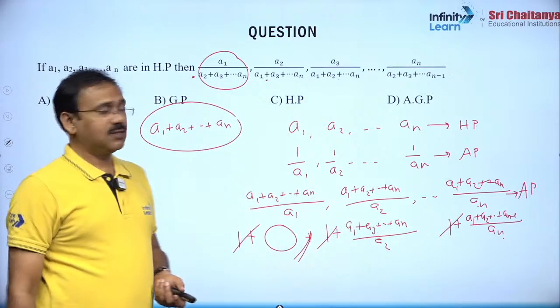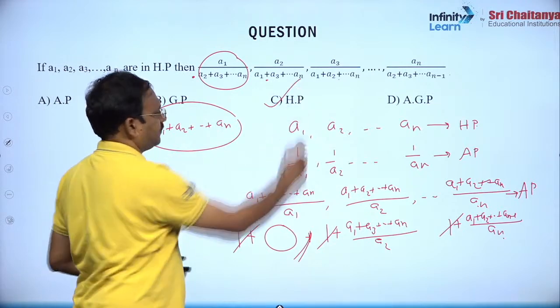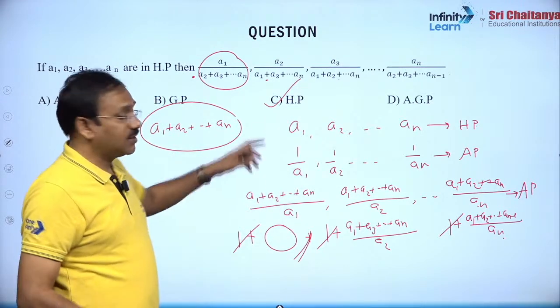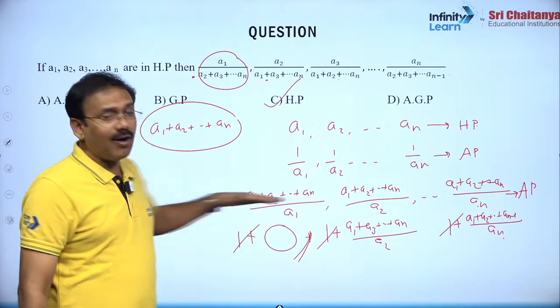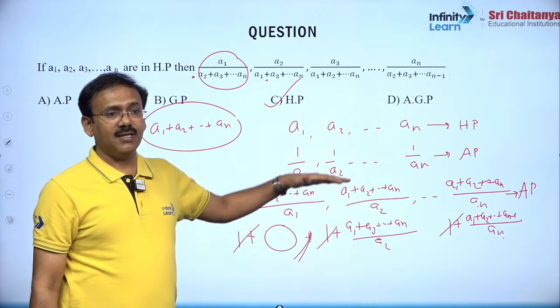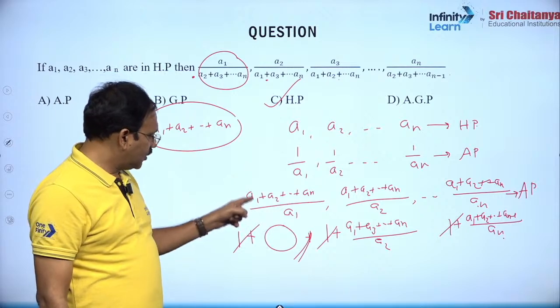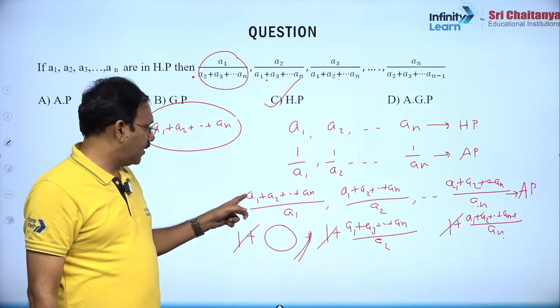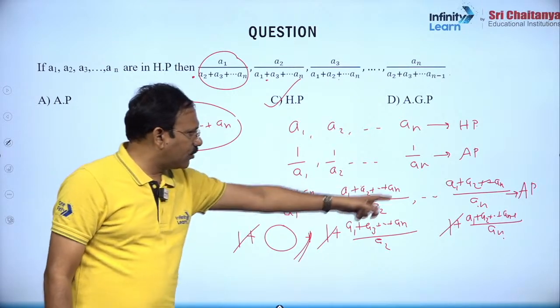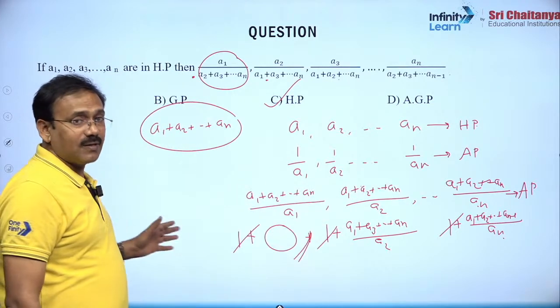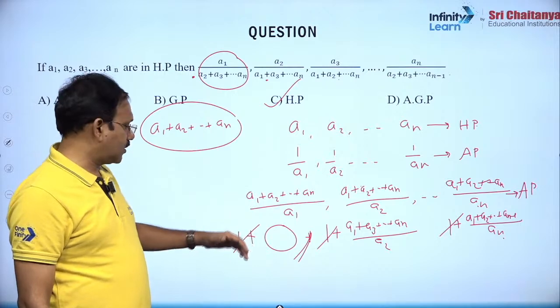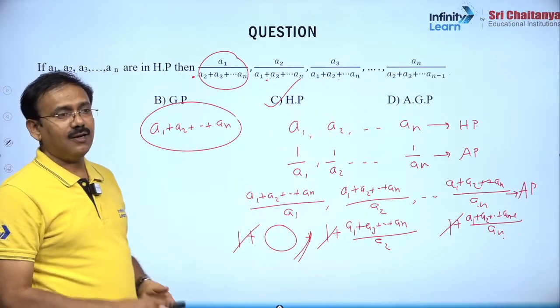Take the reciprocals, they will be in HP. So these are in HP, the reciprocals are in AP. Multiply all with a1 plus a2 plus a3 plus an. Multiply, so here take out a1, divide by a1, divide a2, divide an, 1 plus something comes, from every number subtract 1, after that take the reciprocal, this is in HP.